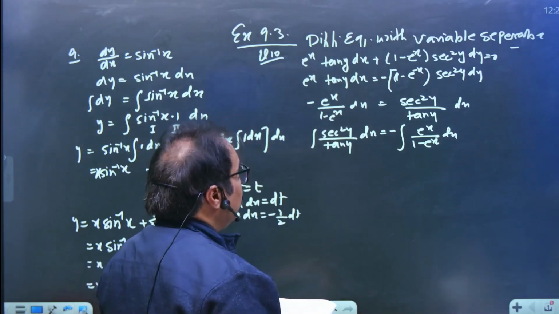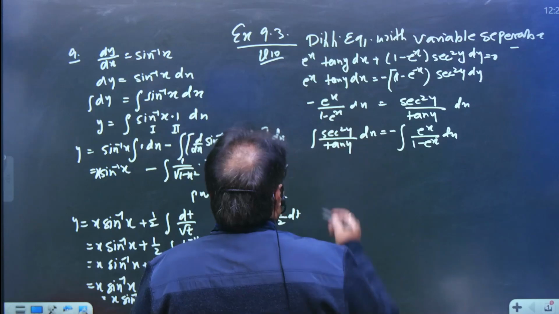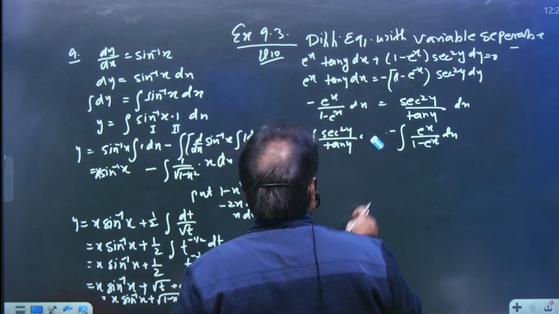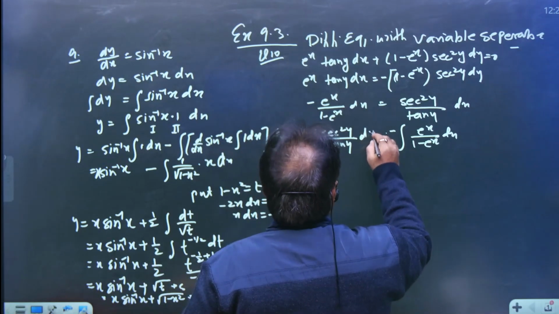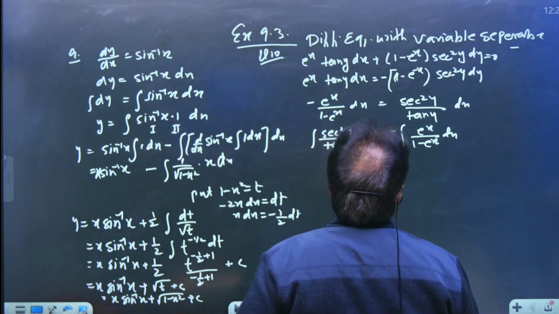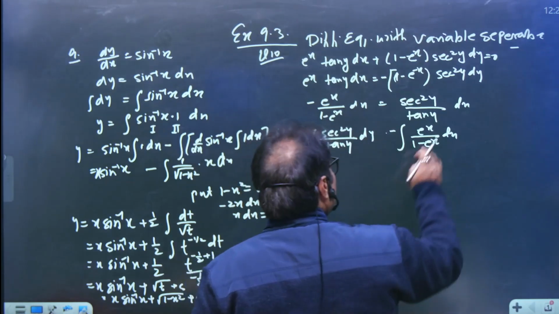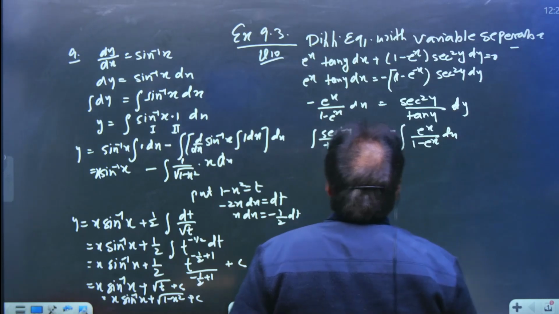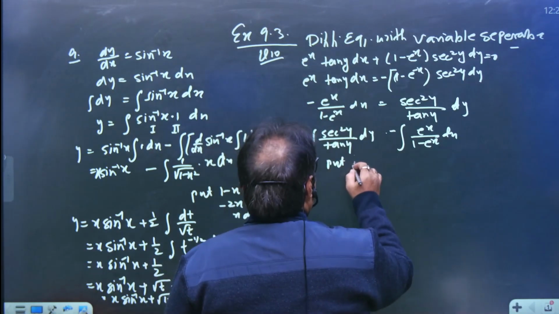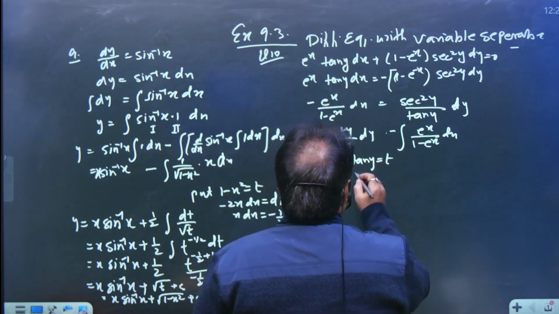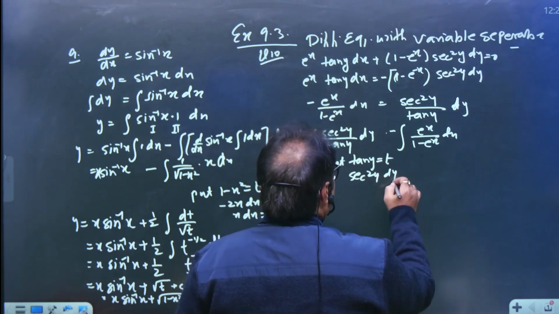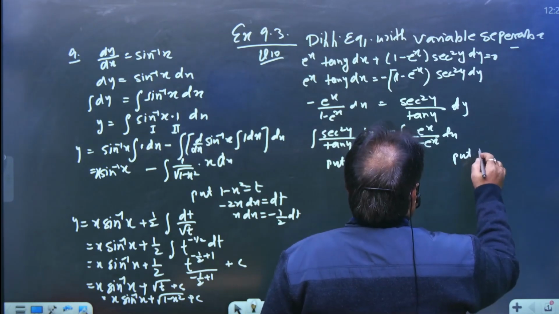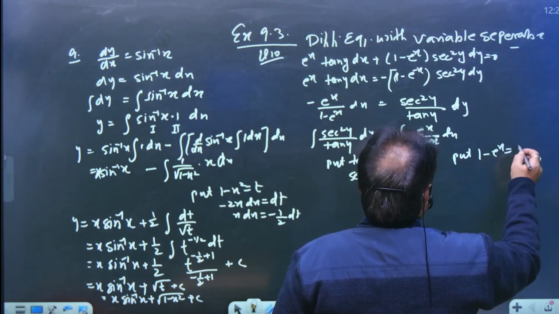Here put tan y is equal to t. So sec square y dy is equal to dt, and here put 1 minus e to the power x as say p.